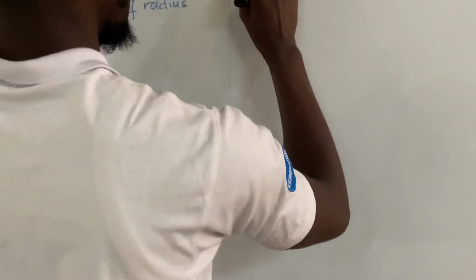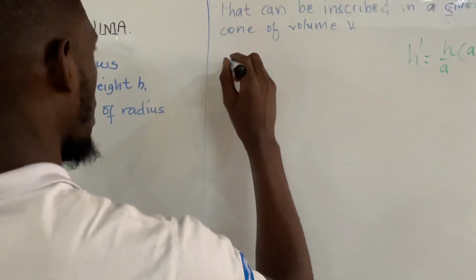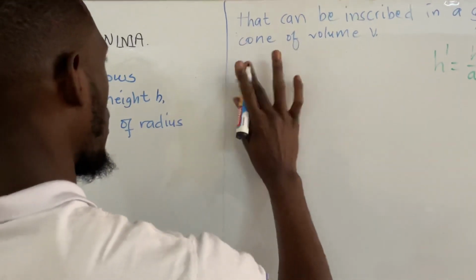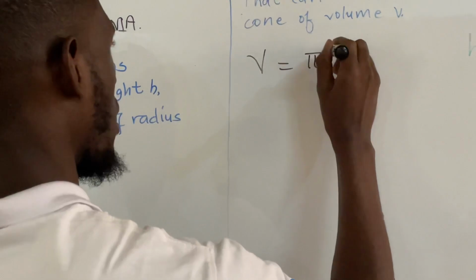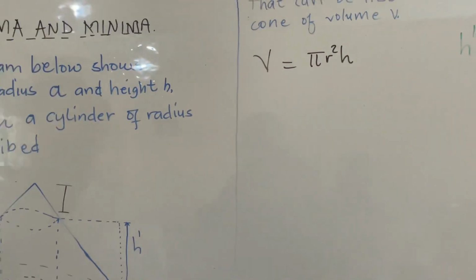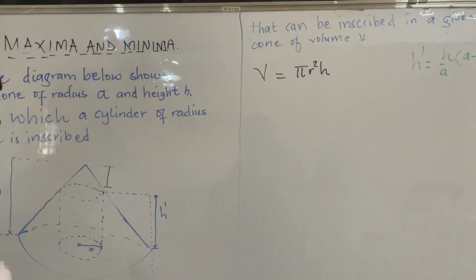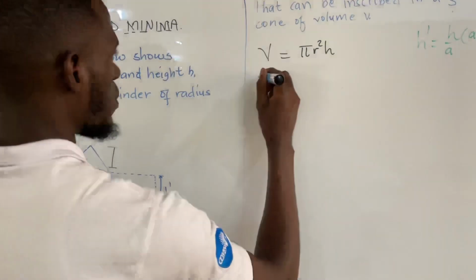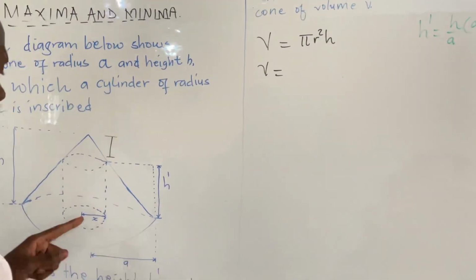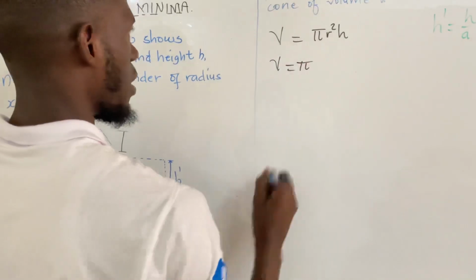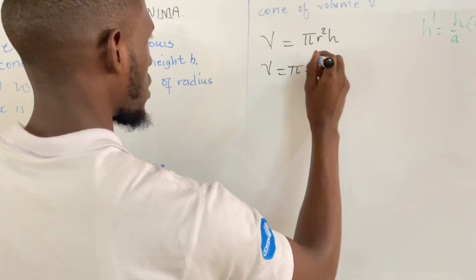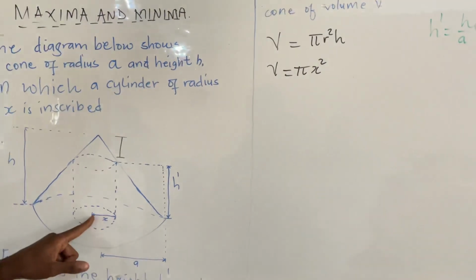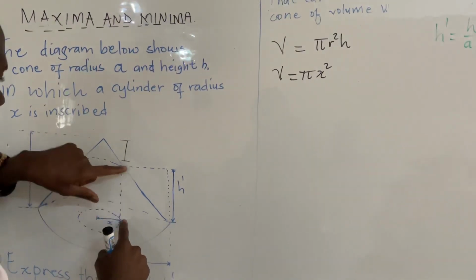So we start by getting the volume of the cylinder. The volume of the cylinder is given by pi r squared h. In this case, pi is a constant, the radius of the cylinder is x, so I have x squared, then times h, and the height of the cylinder is h prime.